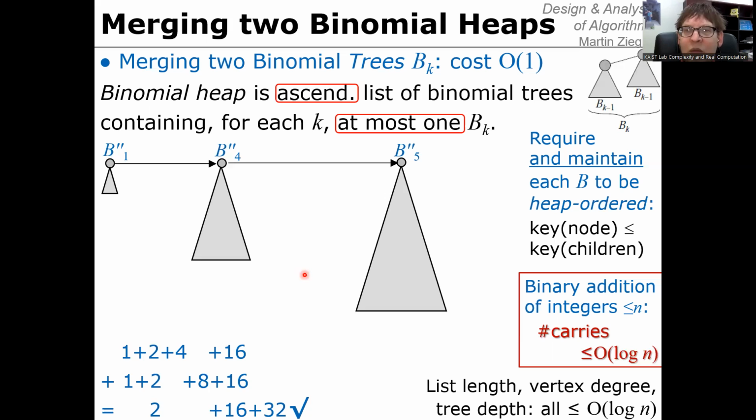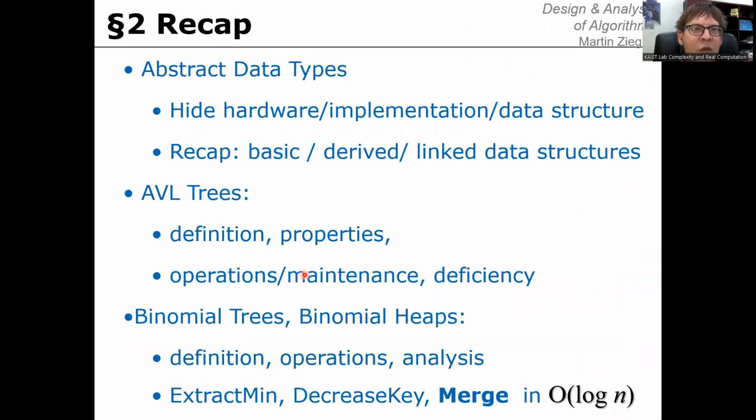So that concludes our recap of binomial heaps and operations on binomial heaps. Just to wrap things up, in this chapter 2 we talked about abstract data types. We talked about AVL trees, whose deficiency is that merge is only feasible in linear time. All other operations are logarithmic, but merge is linear time.